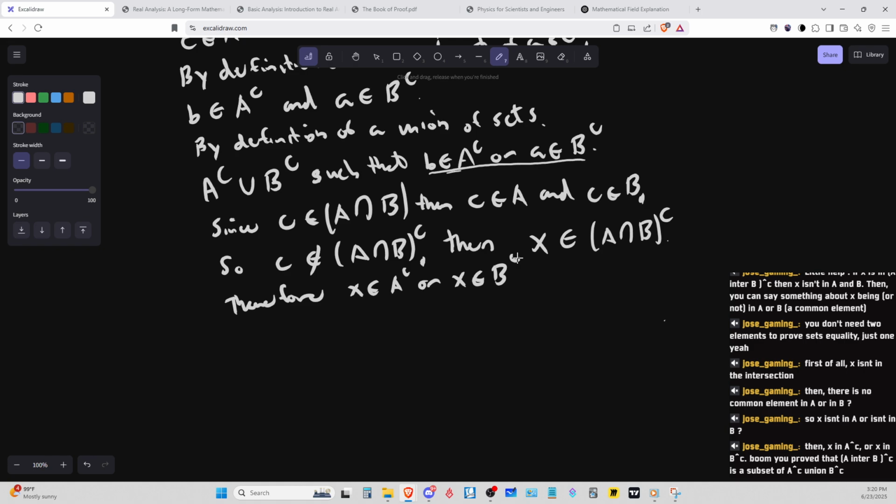Then X is in the complement, and boom, you prove that A intersection B complement is a subset of. Okay. That's what you were getting at. Okay, so that's what you meant.